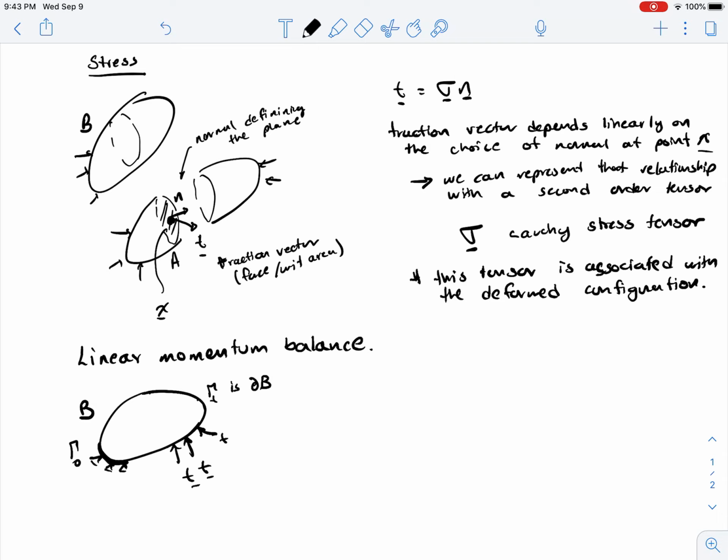And the equilibrium, at least the linear equilibrium, is: if you integrate all those forces applied to the body over the boundary, and you consider there might be some body force field, let's call that B. So B is a body force field.